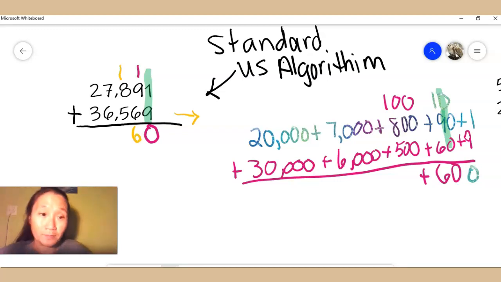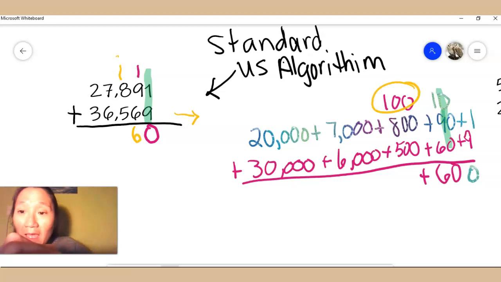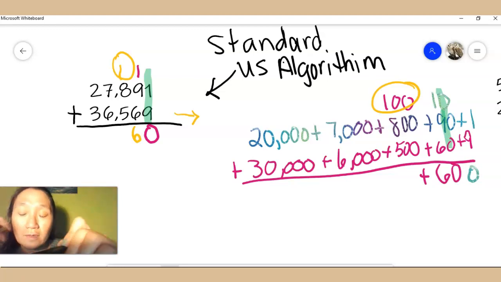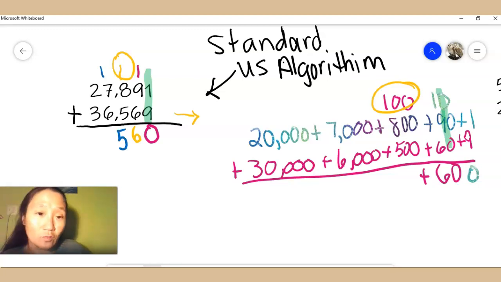So this and this are the same number, it's just that the 1 above the 8 is worth 100, and the 1 above the 800 is 100. So it shows the values. Okay, so 8 plus 1 is 9, plus 500 more is 1,400.